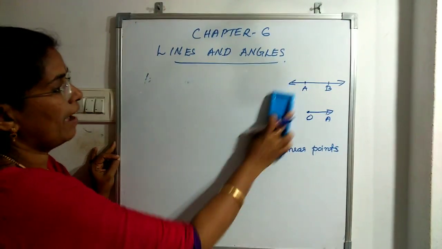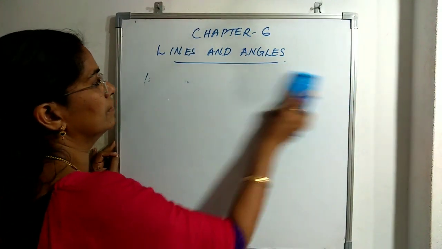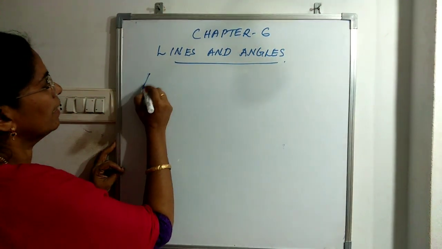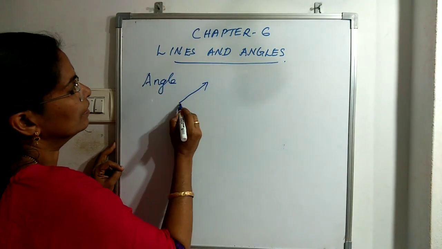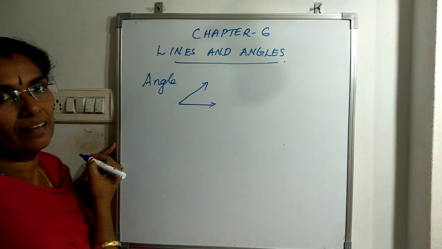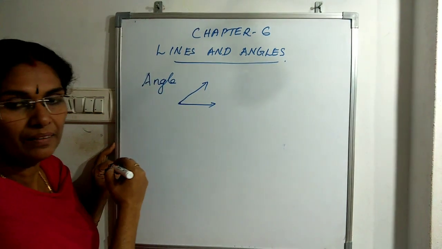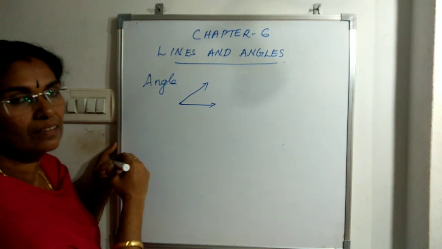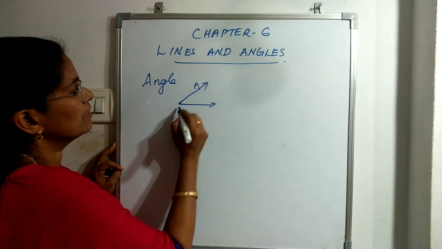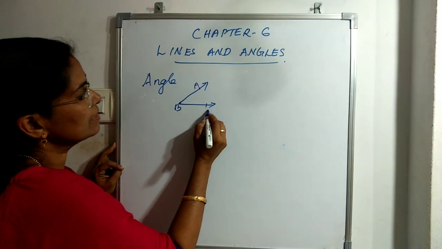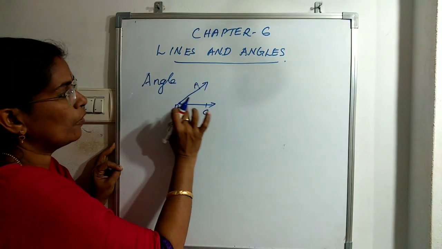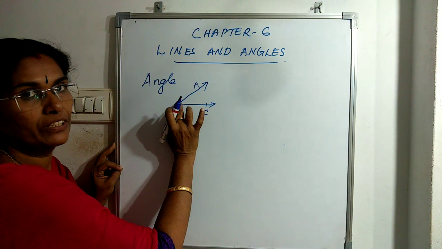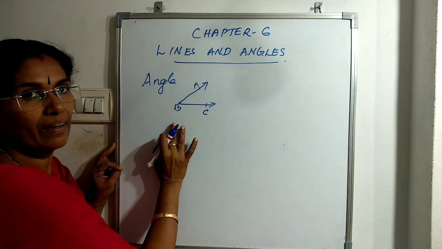Next, it is the angle. What is an angle? You know this is an angle. So can you define an angle? I am representing it as A, B, C. Two rays joined at a common point is called an angle.